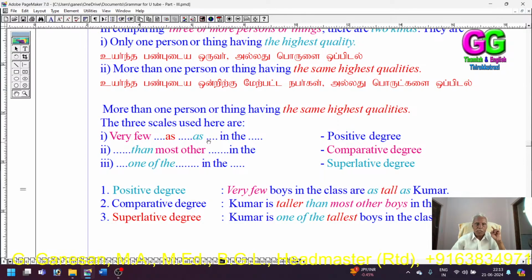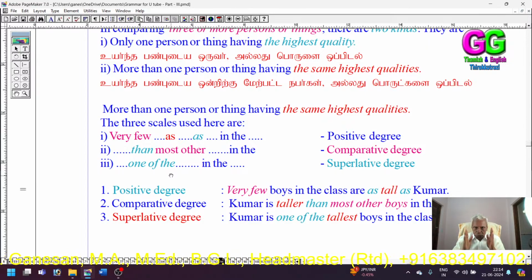Very few as in the positive degree. The most other in the comparative degree. One of the in the superlative degree. These are the three scales. Very few as, then most other, one of the. These are the three scales we have to use.